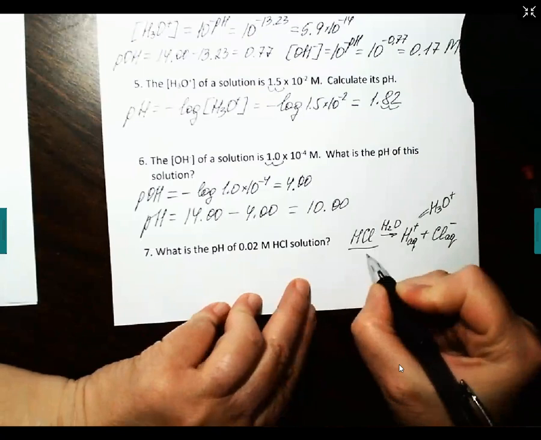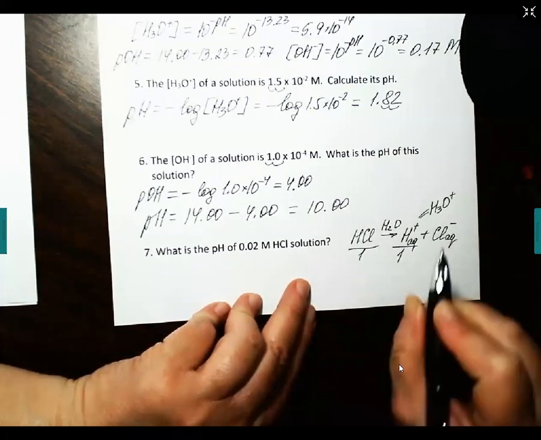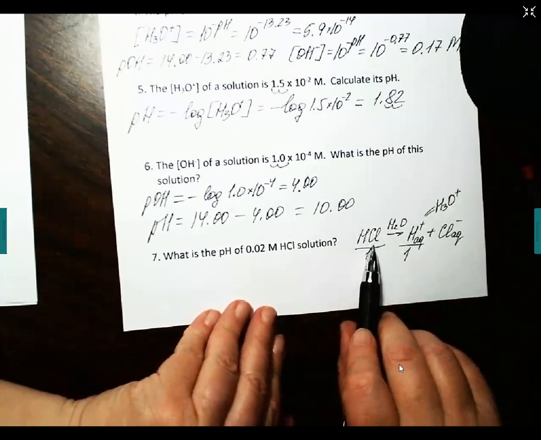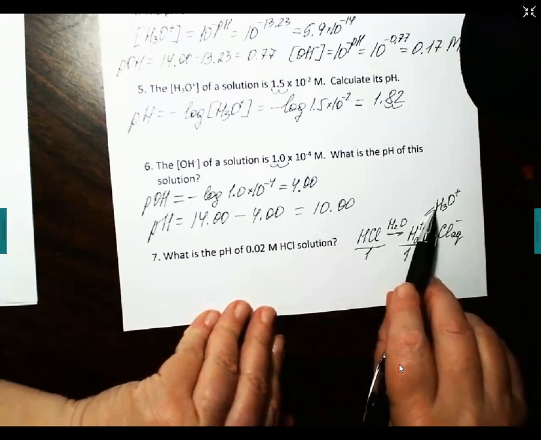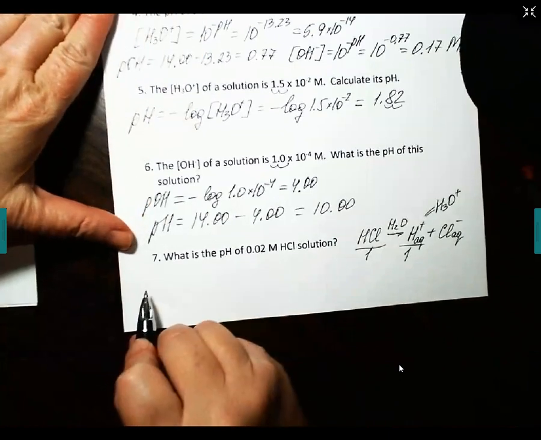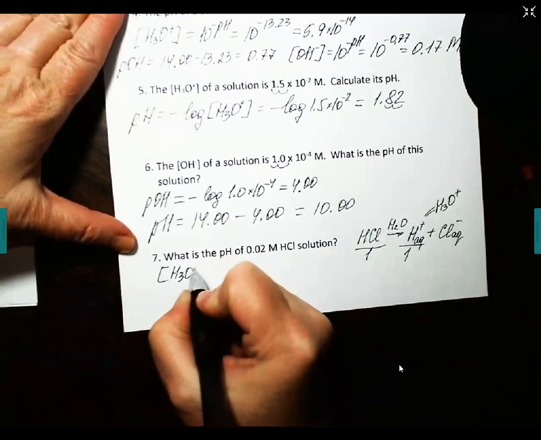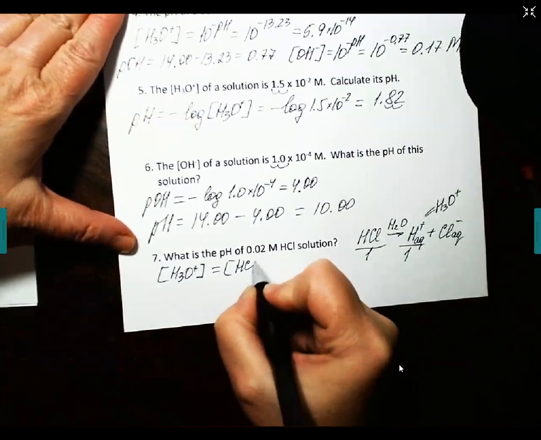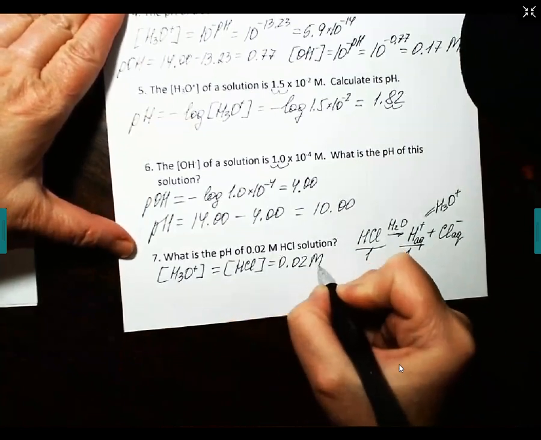So if we have 1 mole, it will give us 1 mole. It is a 1-to-1 mole-to-mole ratio. 1 mole of hydrochloric acid gives us 1 mole of hydronium ion. Now, the concentration of H3O plus equals the concentration of HCl and equals 0.02 moles per liter.